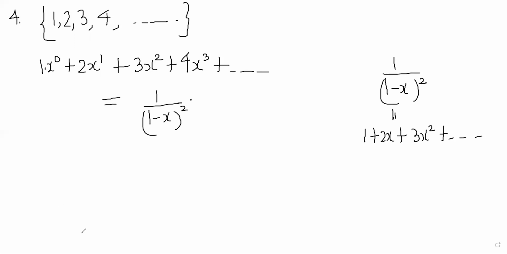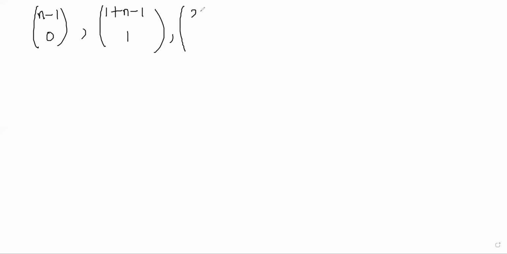So let's do a slightly more non-trivial example. Let's say we have (n-1)C0, then (n)C1, then (n+1)C2.